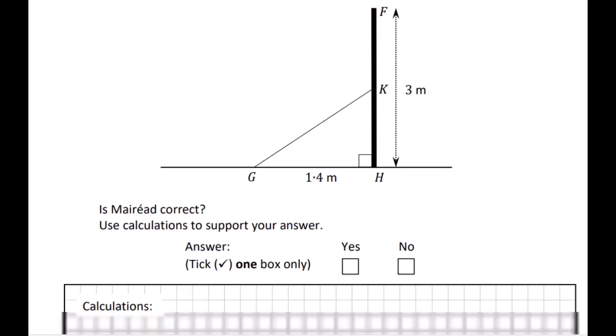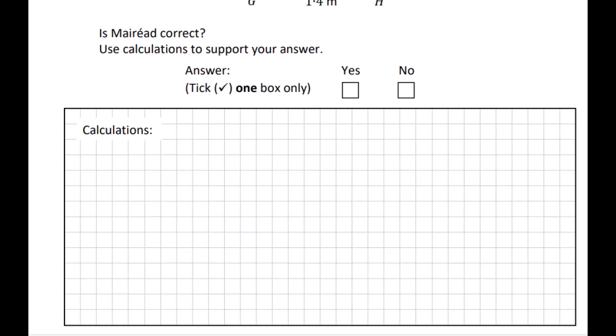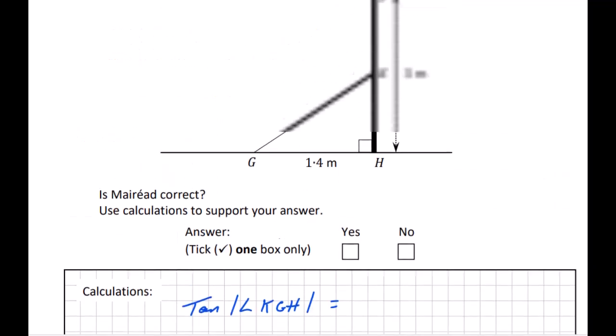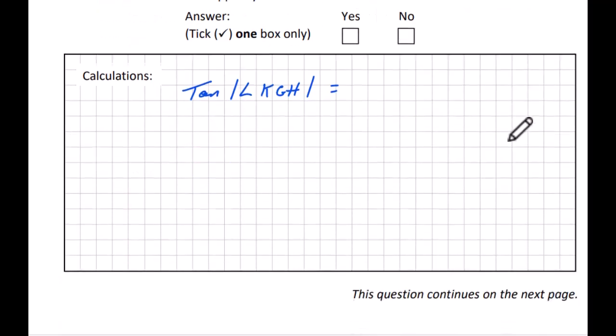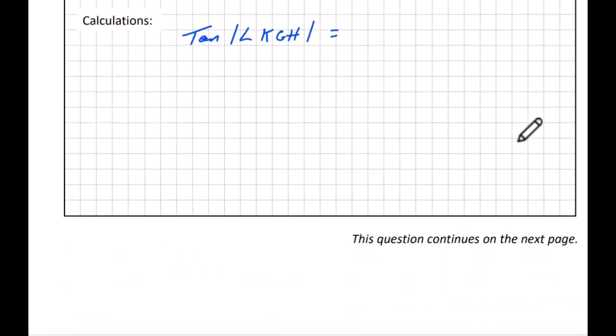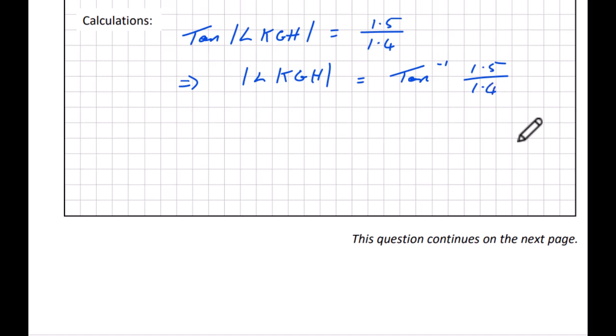So let's do that. It's the same kind of thing again. We're going to say the tan of the angle KGH is equal to, this time, it says it's halfway up, so it's going to be half of 3, which is 1.5 over 1.4. So that just means that the angle KGH is equal to tan inverse 1.5 over 1.4.